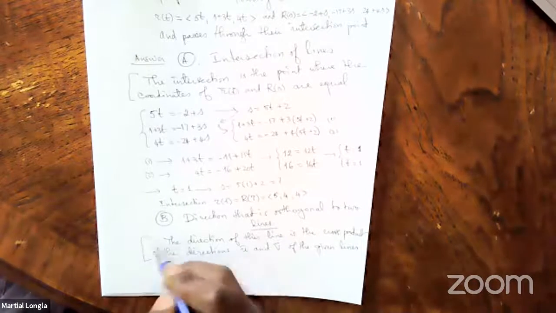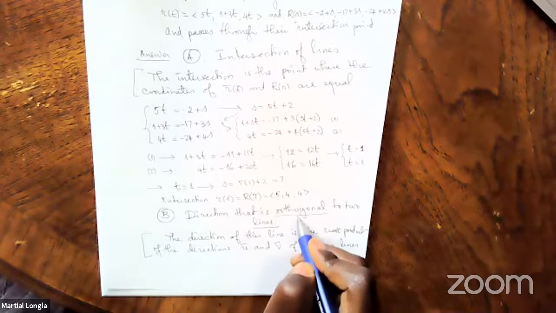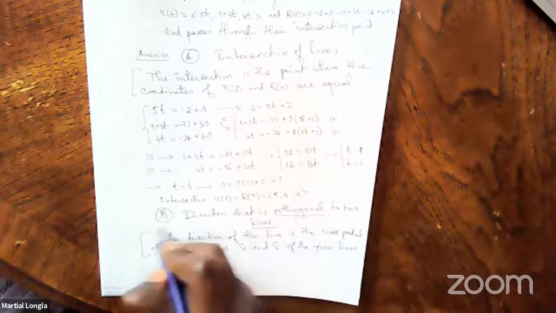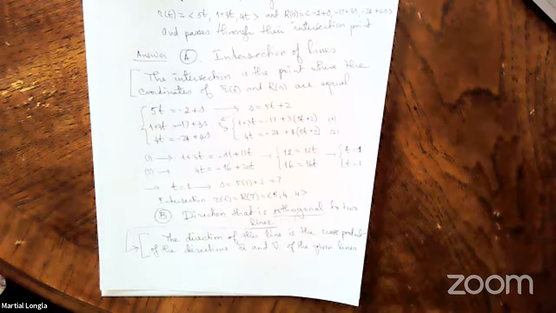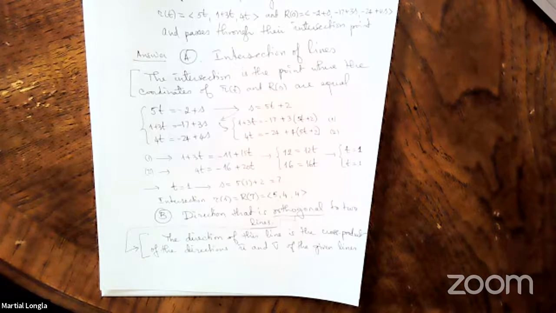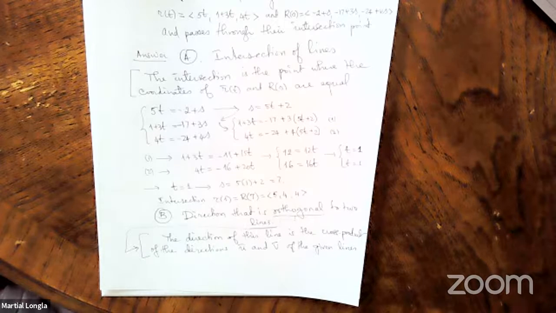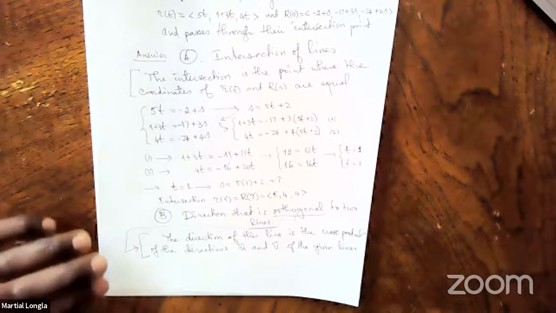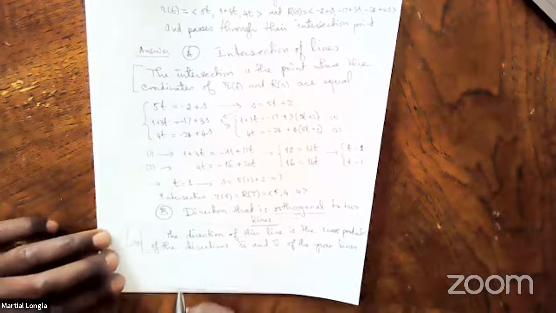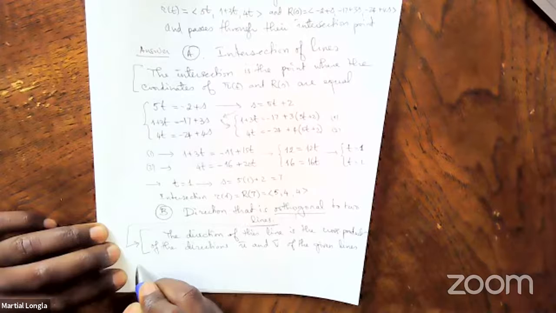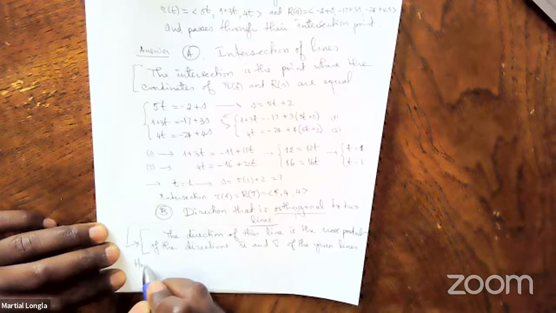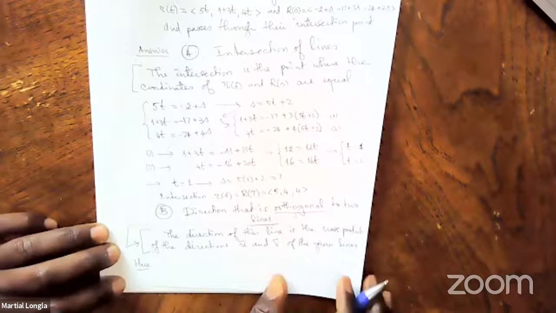So a direction that is orthogonal to given lines is the cross product of the directions of the lines of interest. So what you need to do is to find the directions of those lines, get their cross products to get what you need.